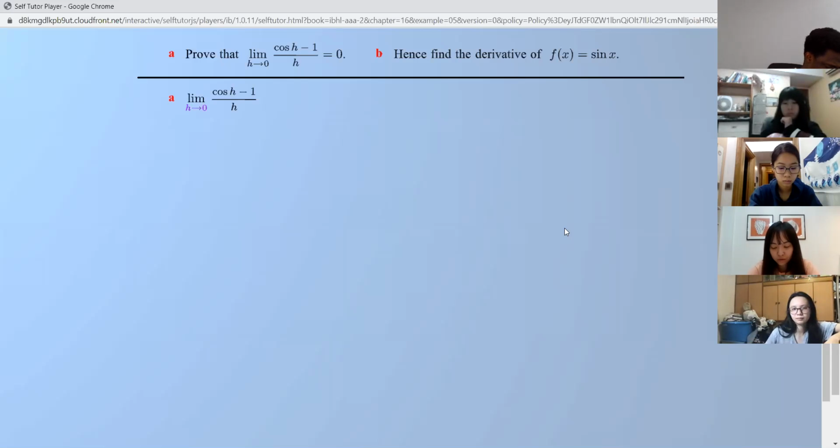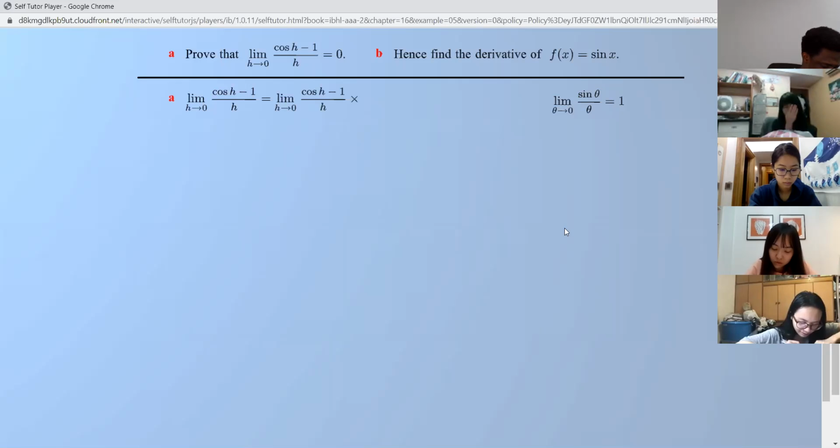Notice that as h tends to 0, the numerator tends to 0, and the denominator tends to 0. For any trigonometric limit like this, we need to rely on the fundamental trigonometric limit, sine theta over theta. We already have the angle h in the denominator, so we need a way to get sine h as a factor in the numerator.